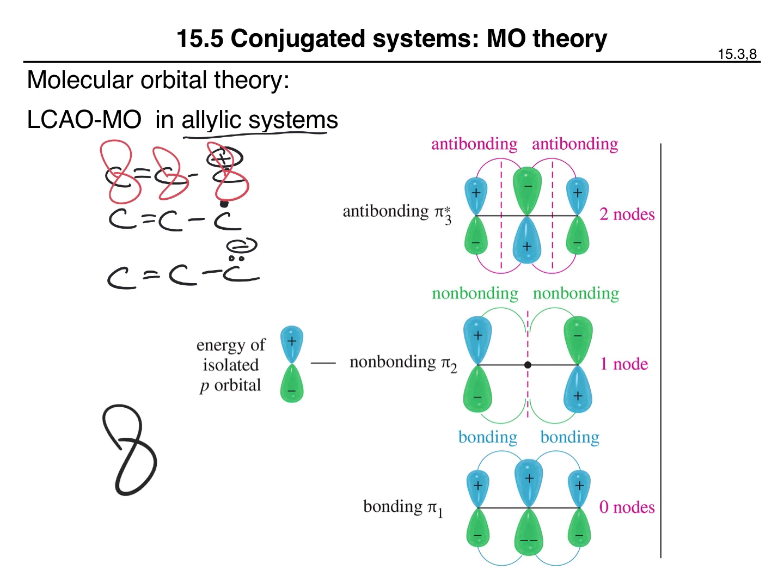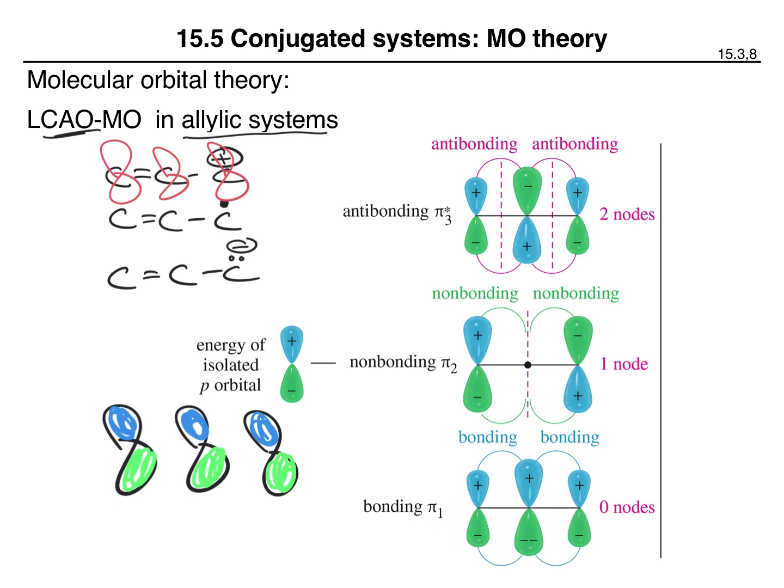As we consider how 3 p orbitals can linearly combine, here we're using blue and green. So if this is blue, blue, blue, and then we have green, green, green. Now, one possibility is that they add up together all in phase, and that leads to this molecular orbital down here.